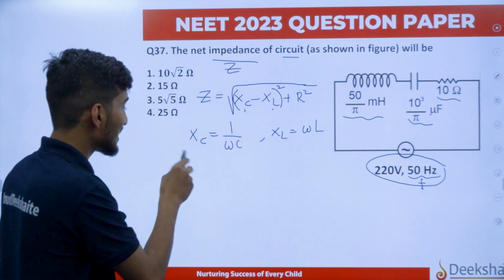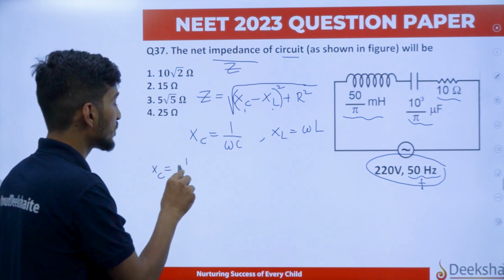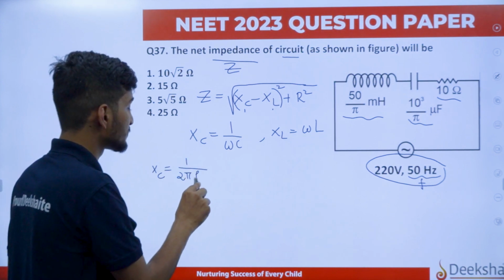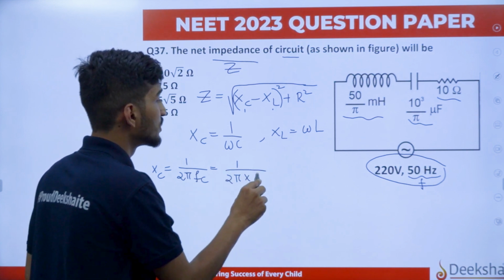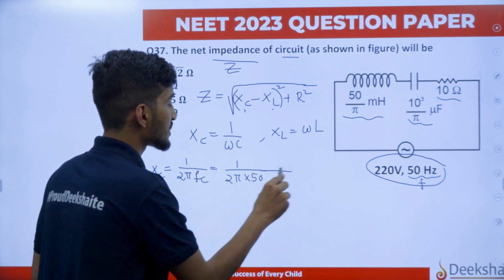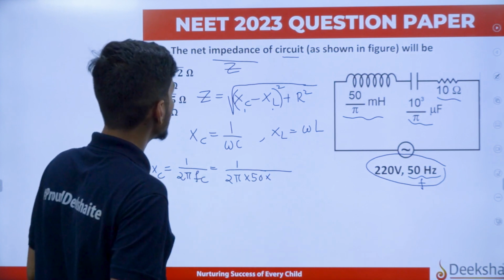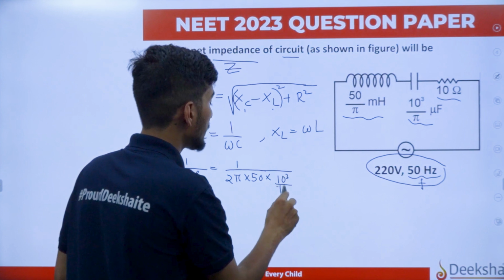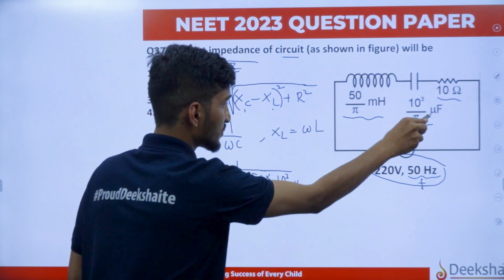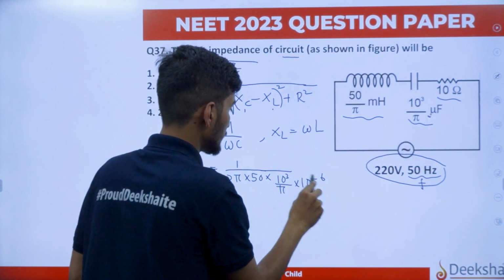Okay, so we'll write XC as 1 by 2 pi fc, and then we'll calculate this: 2 into pi into 50, because that's what frequency is, into C, capacitance. That's 10 to the power 3 by pi into micro, so 10 to the power minus 6.